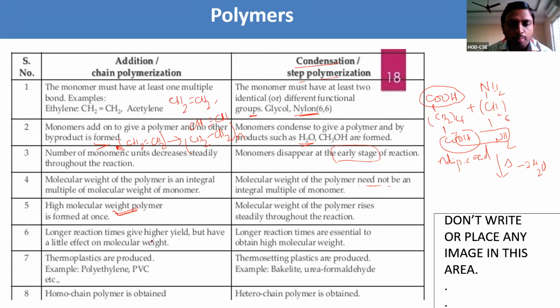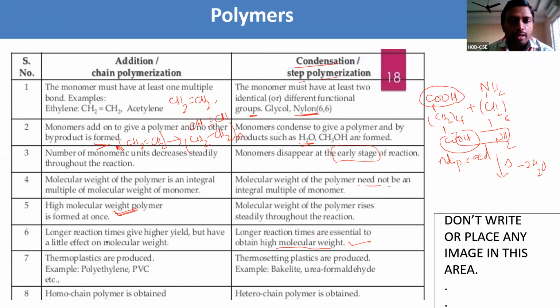Here, longer reaction times are essential to obtain a high molecular weight polymer, since more reaction time is required to obtain the high molecular weight product.